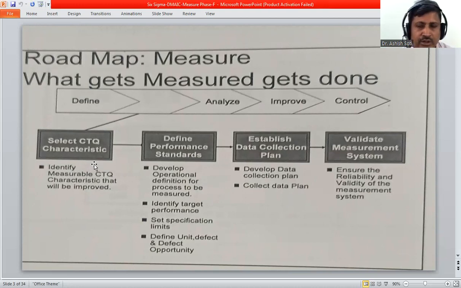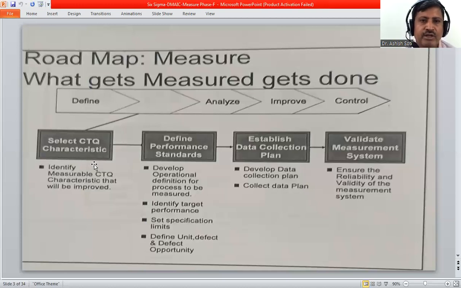So what is important to the customer and how to convert it into a CTQ, that we are going to see here today. We can identify measurable CTQ characteristics and how we will improve them. That is going to be mainly the target of any Six Sigma project, that is, how to improve CTQs. So we are required to find out what exactly the CTQ is.